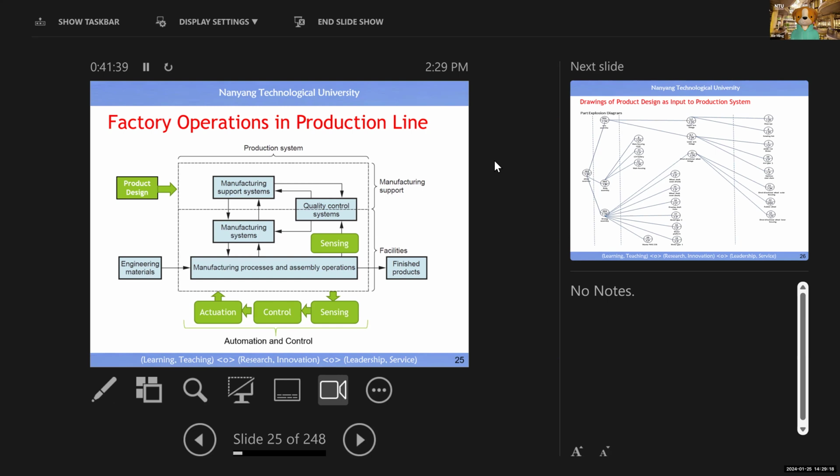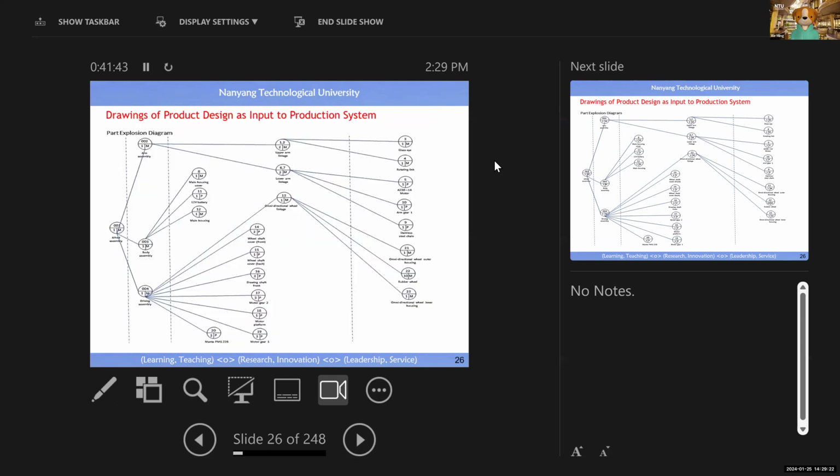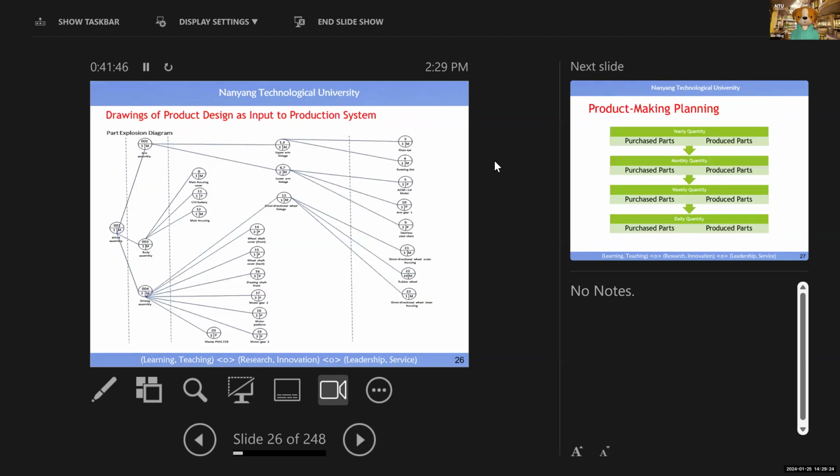Okay, and then inside you will see opportunity for you to do automation control, right? So then what is the product design? Product design means the drawing of the product design. Then this is the output from the design. So you should not think that we only have one drawing for one product. Actually, it's wrong. Normally you have many key components.